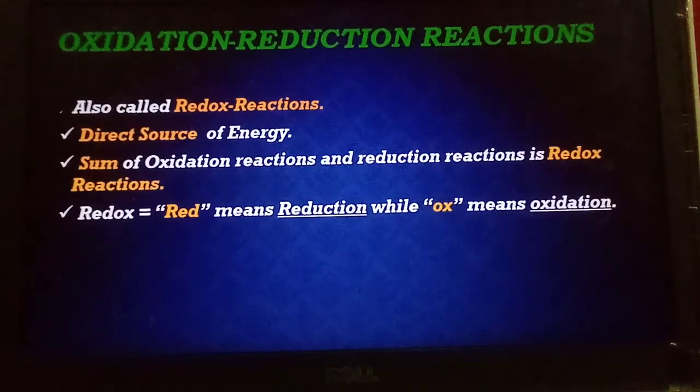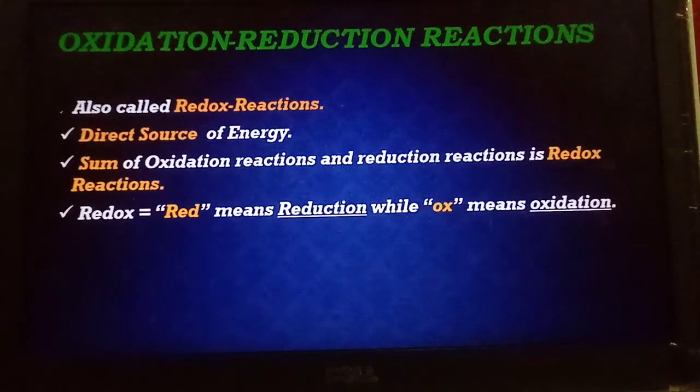Redox reactions are a direct source of energy. Why are they called a direct source of energy? Because when reduction or oxidation take place, energy is directly provided to the body. The sum of oxidation and reduction reactions is a redox reaction.